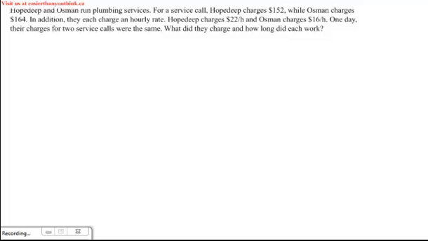Also, Hope charges $22 per hour. This means that this $22 is the slope of the line representing Hope's charges. So for Hope, I can write y is equal to 22 times x plus 152, because she charges a $152 flat fee and $22 per hour.